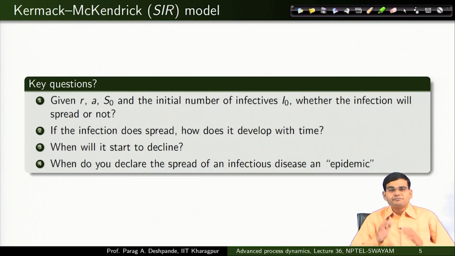When do you declare that the situation is really terrible, that we need to be vigilant and watch our own behavior, so that the pandemic does not spread and result in a disaster? All of these questions would potentially be answered by analyzing the dynamical behavior of our system.